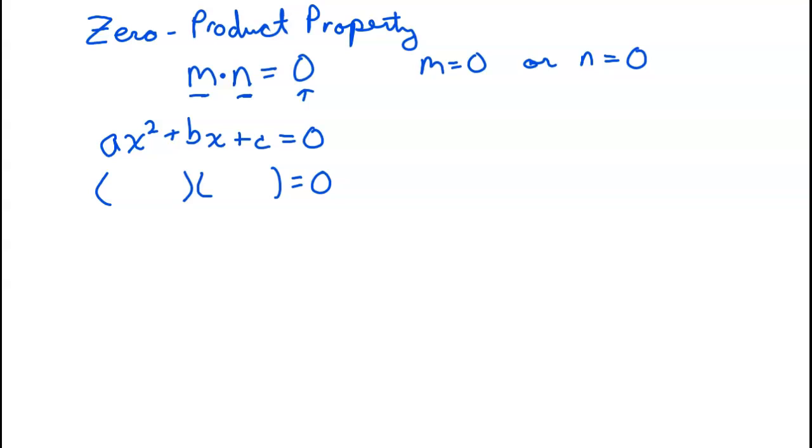Once we do that, then we can apply the zero product property, saying that this first factor is 0 or the second factor is equal to 0. And once we solve these two things, that will give us our zeros.